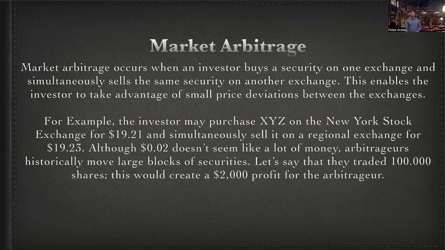For example, there is market arbitrage, which occurs when an investor buys a security on one exchange and simultaneously sells the same security on another exchange. This enables the investor to take advantage of small price deviations between the exchanges.